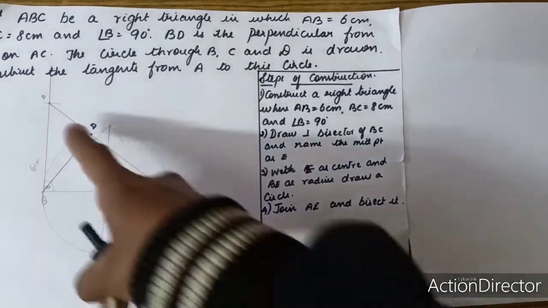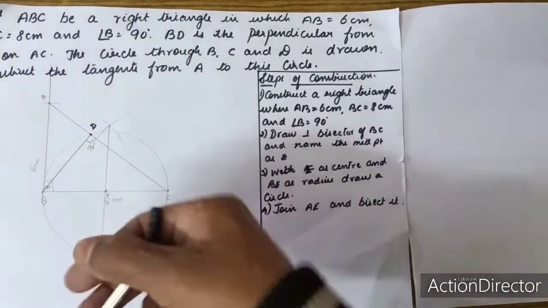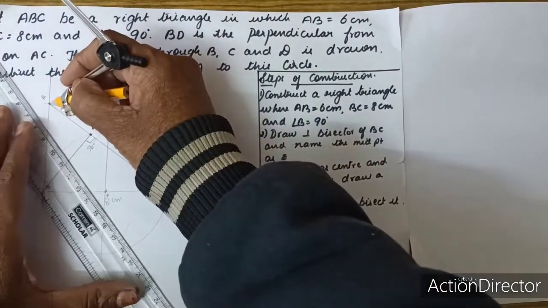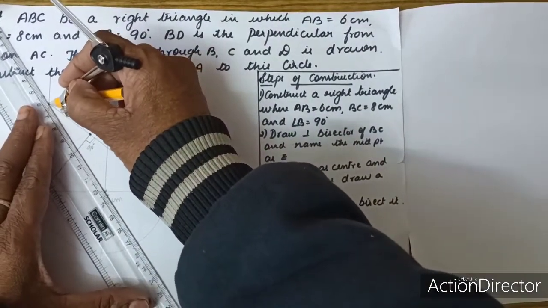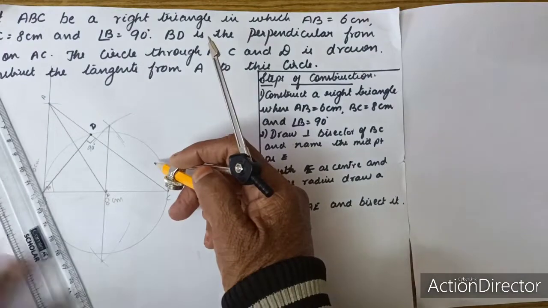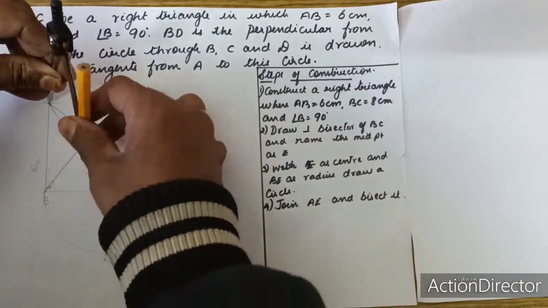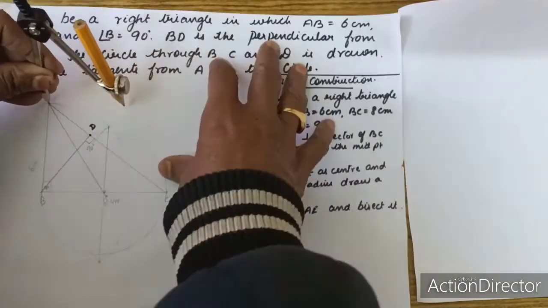Step number 4. Join AE and bisect it. So let me join AE. And I am going to bisect AE. Bisecting means drawing the perpendicular bisector.